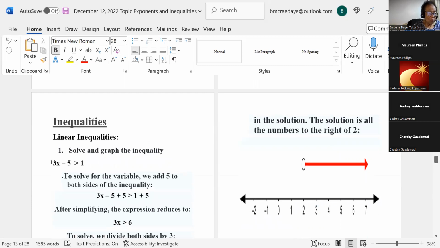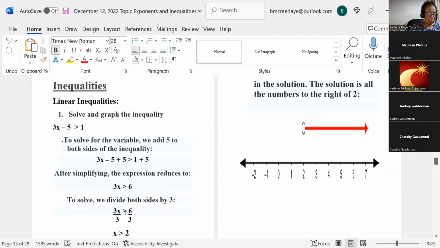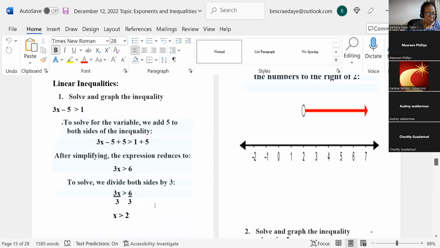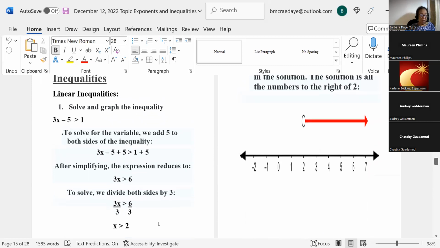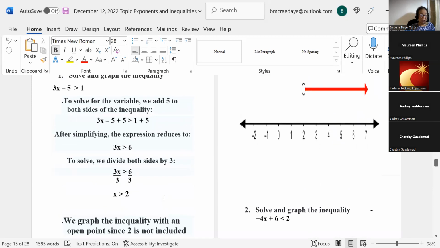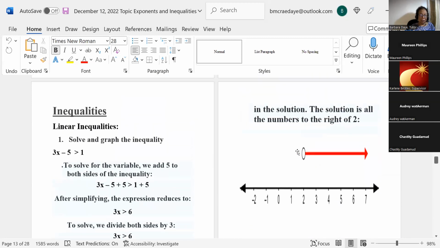Now, this is what we've been looking at before, where we solve 3x minus 5 greater than 1. Add 5 to both sides, 3x greater than 6, divide both sides by 3, x greater than 2. Now, remember, when we have a greater than or less than, we have an open symbol. So right here, see, that's open, it's not shaded.